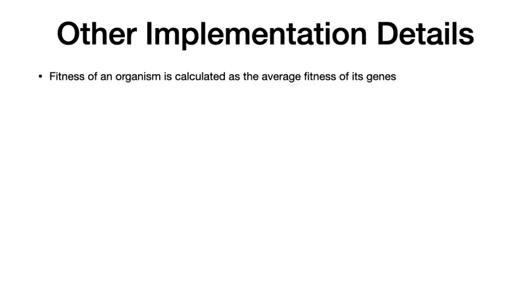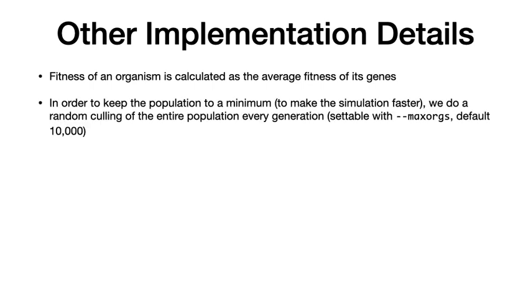Other implementation details. As we mentioned, the fitness of an organism is calculated as the average fitness of its genes. Second, to make the simulation faster, we keep the population to a minimum. You can set this with the max orgs parameter. We default it to 10,000. The way this works is, let's say you have 10,000 organisms, half of them have a fitness of 1, half of them have a fitness of 2.